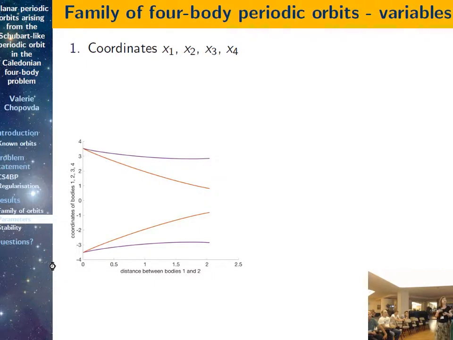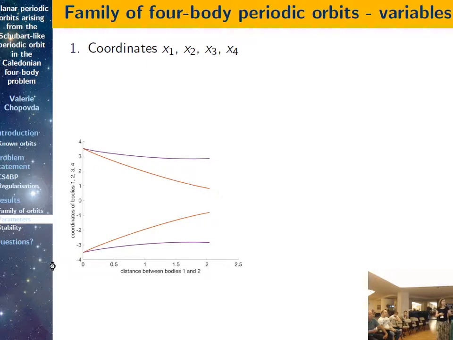If we look at the variables of the system along the family, say the initial coordinates of the bodies x1, x2, x3, and x4, you'll see, first of all, the distance between 2 bodies keeps on increasing, and also the initial coordinates of the inner bodies decrease. They decrease until that value, which is the semi-choreography orbit, but if you extend that towards the Schubart-like orbit, they will go straight to the center of mass.